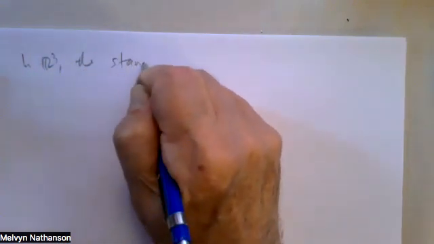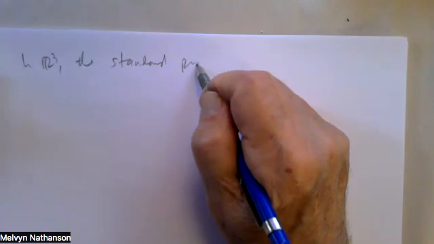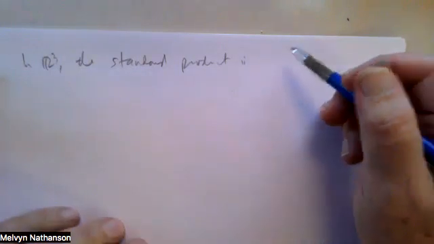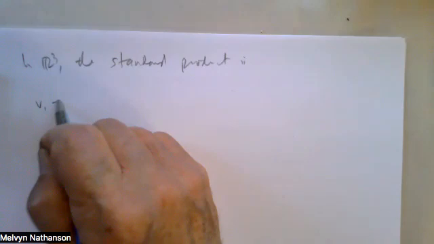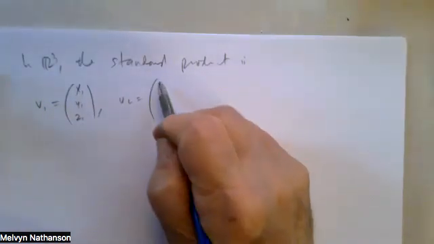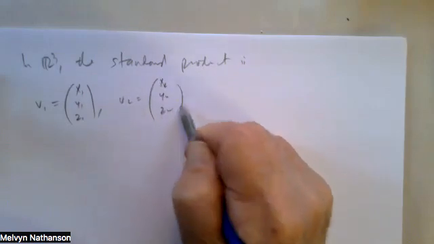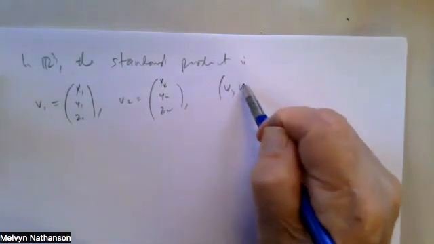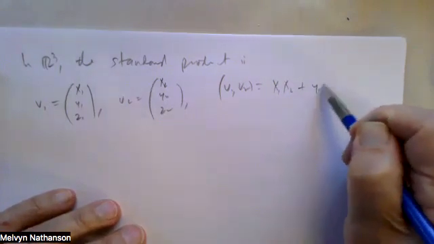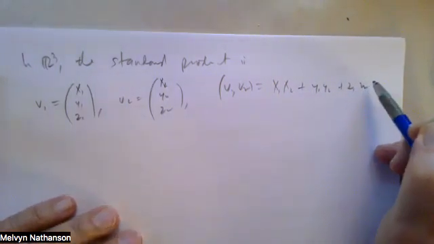In R3, the standard inner product is defined as follows. It's just the natural thing. And again, you use this in vector calculus all the time. If V1 has coordinates x1, y1, z1, and V2 has coordinates x2, y2, z2, then the inner product of V1 and V2, you just take the sum of the products of the coordinates, x1 x2 plus y1 y2 plus z1 z2.